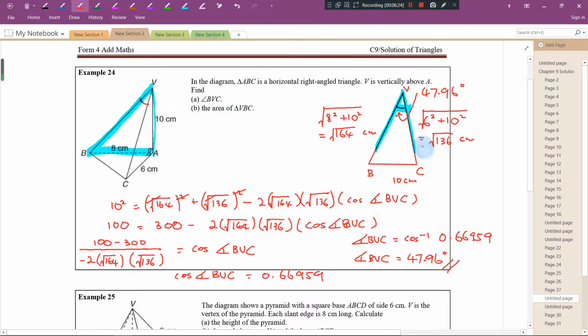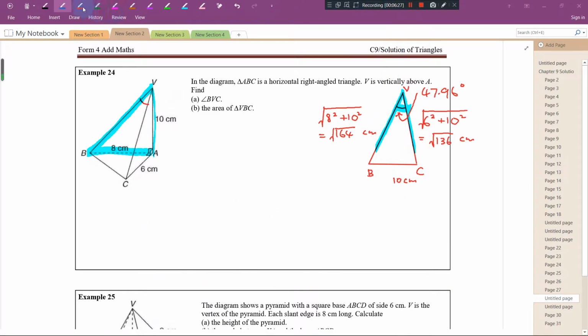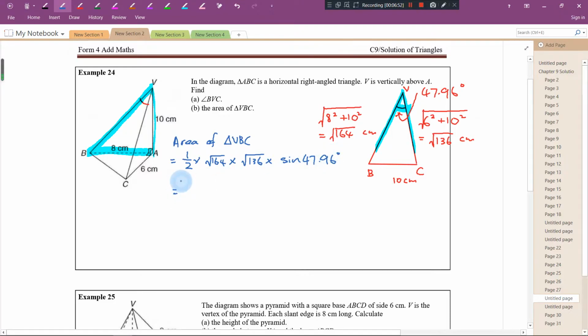Next part, the area of triangle VBC. We want to find the area of this triangle. Area of triangle VBC is equal to, I have the side lengths here and this angle, so I can use this method: 1/2 times square root 164 times square root 136 times sine 47.96 degrees.